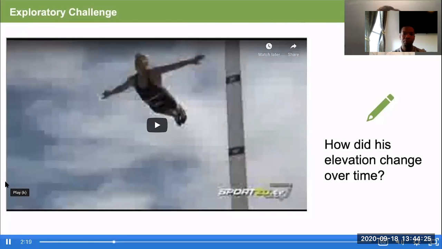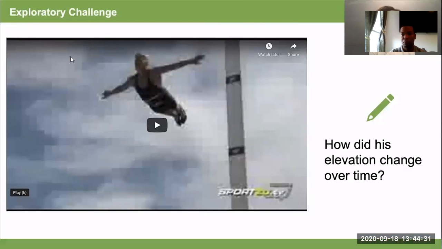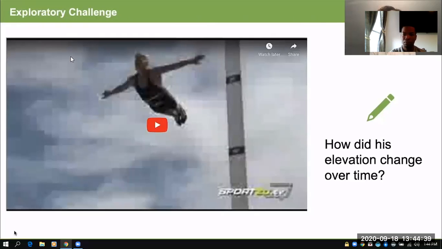To pause the video every 1 second and record the diver's change in elevation after each 1 second interval. Once you have recorded his change in elevation over each 1 second interval, then I would like for you to represent it in a graph using your graph paper.